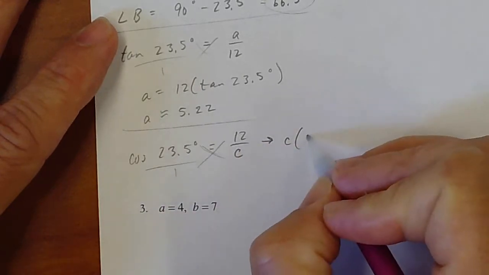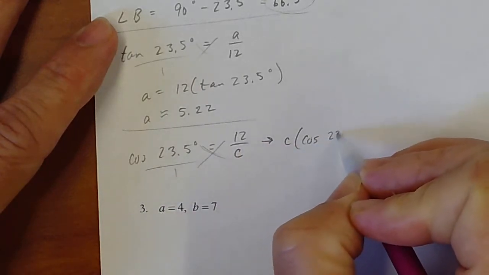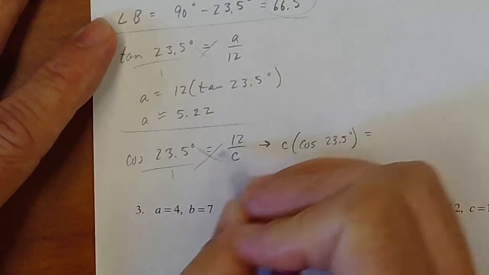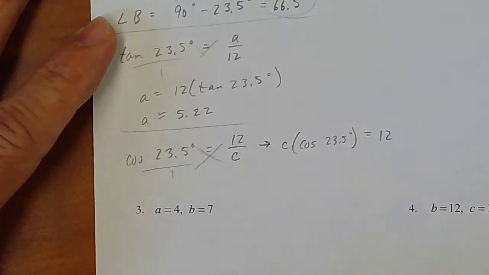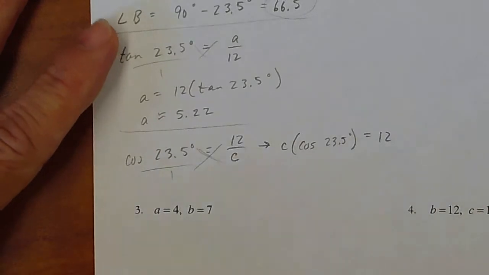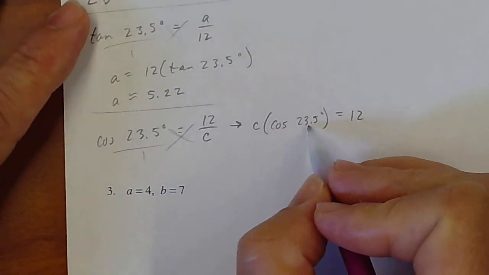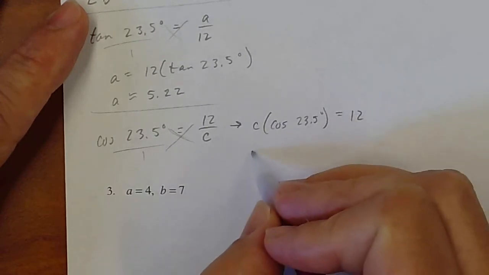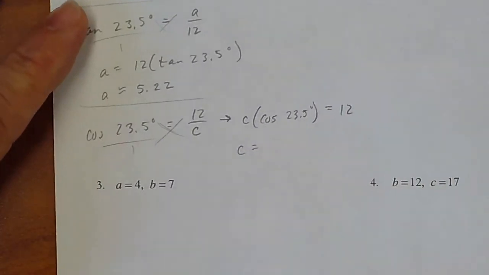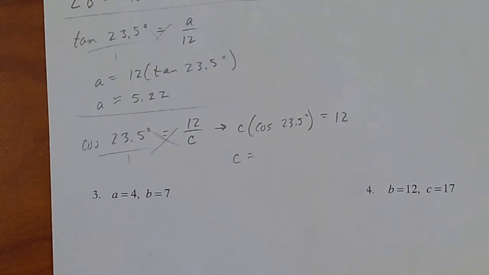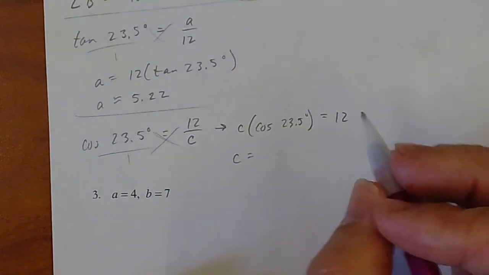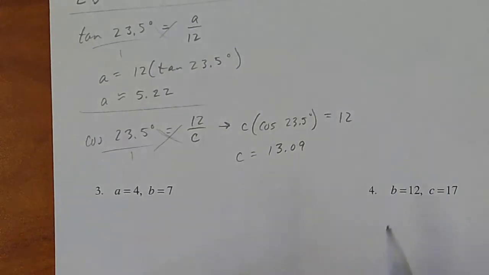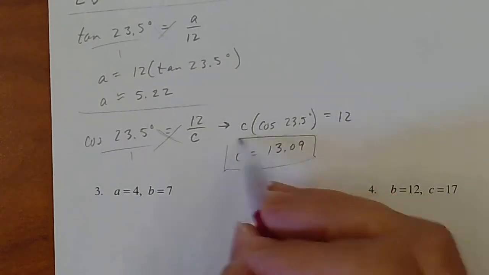C times cosine 23.5 equals 12 times 1. This one just has one extra step because now I need to divide by cosine of 23.5 on both sides. So once I divide 12 by that, I actually have the answer here. It works out to be 13.09 once I divide.